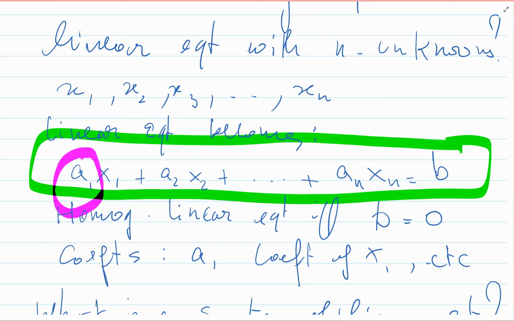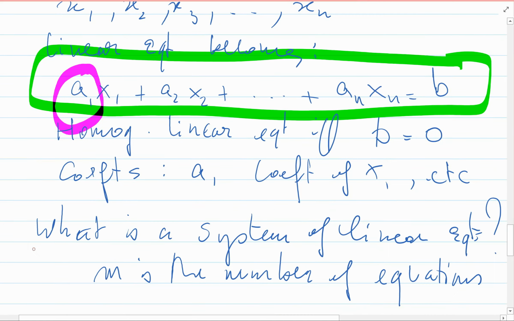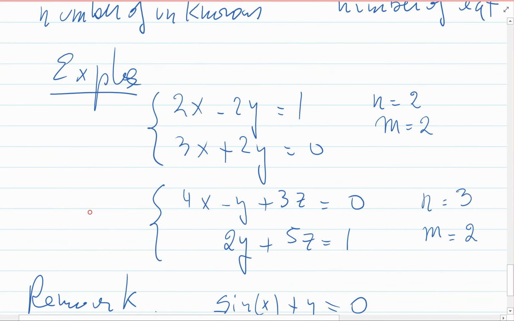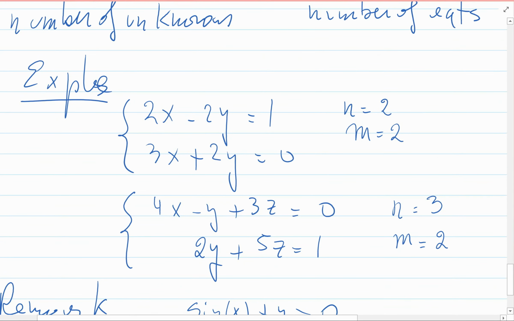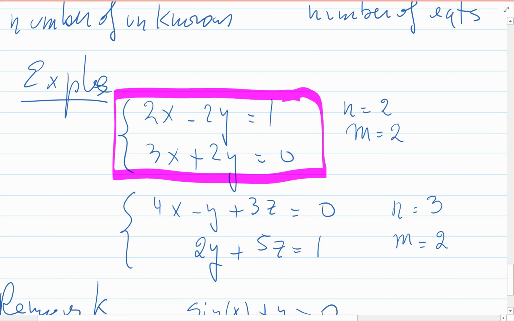So what happens when you have many equations? Then one has to be careful. Let us go to this example here. If I ask you for the coefficient of x, you cannot say 2, and you cannot say 3. Why?